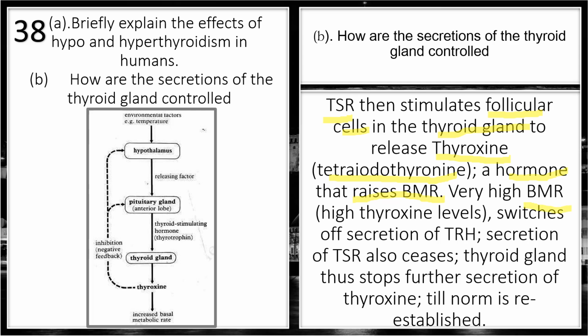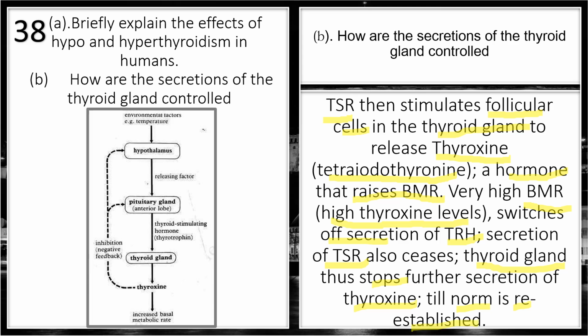Very high basal metabolic rate, that is high thyroxine level, switches off the thyroid releasing hormone secretion, and the thyroid stimulating hormone secretion also ceases. The thyroid gland thus stops further secretion of thyroxine till normal is re-established.